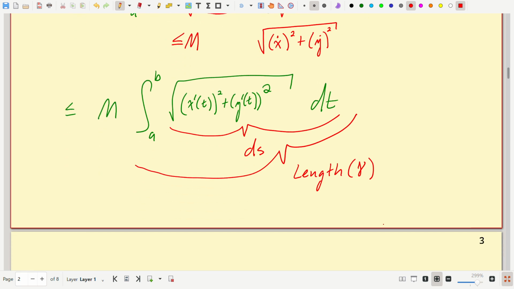Okay, so the last thing I need to do is tell you what that M is, where M is the max of the modulus of f of z of t as t ranges from a to b.